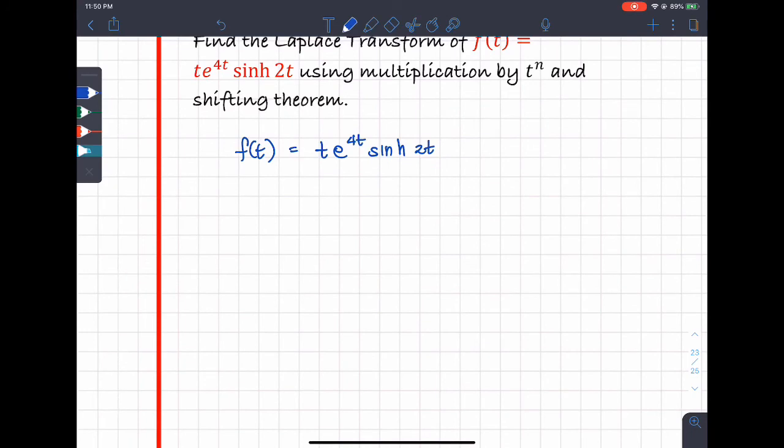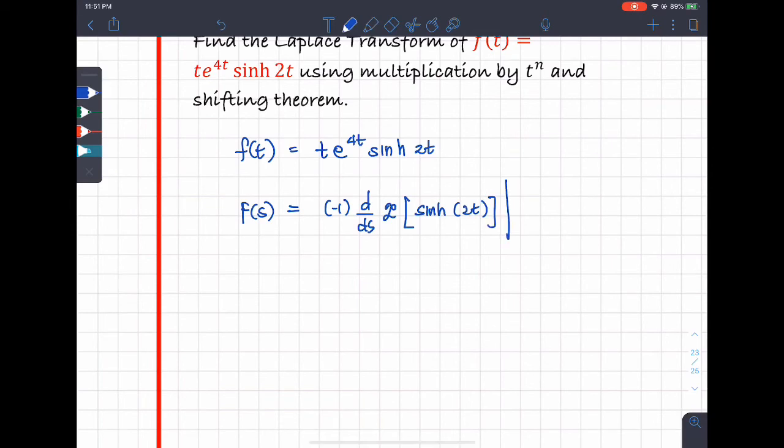So in this case, our F of s would be, by multiplication by t raised to n, negative 1 raised to 1, then the derivative of the Laplace transform of hyperbolic sine of 2t, and afterwards we're just going to shift it to s minus 4.